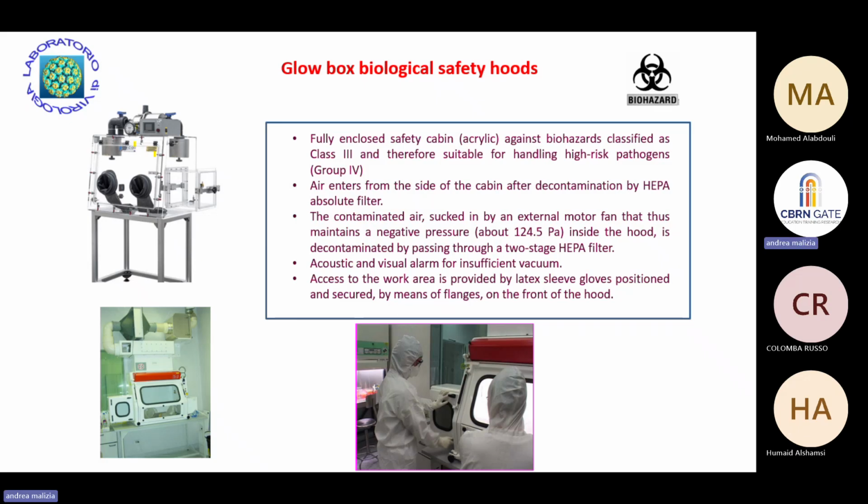Here there is a second person that helps the person who works, and the second person gives the sample inside these windows in this chamber, and the person that works here opens these windows, uses the sample or the material, and closes the windows.